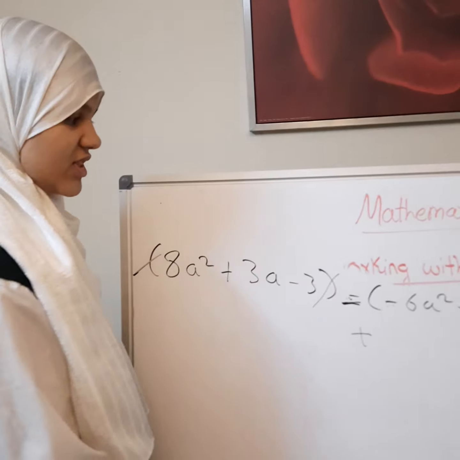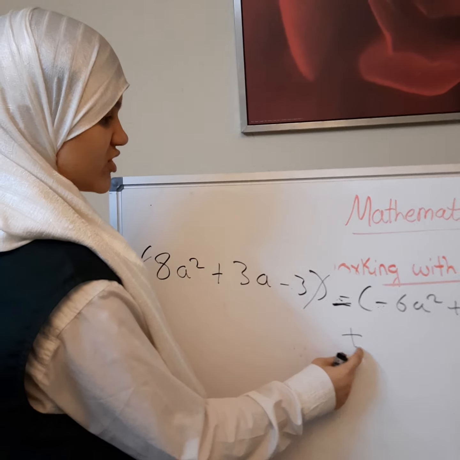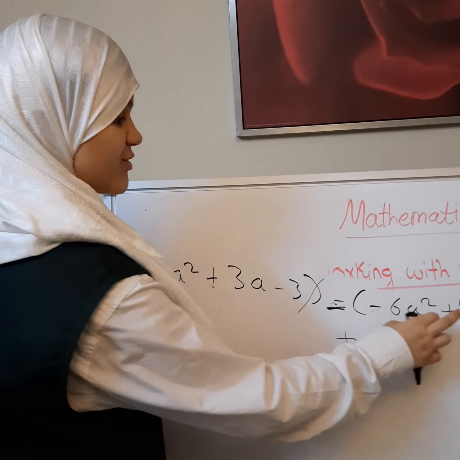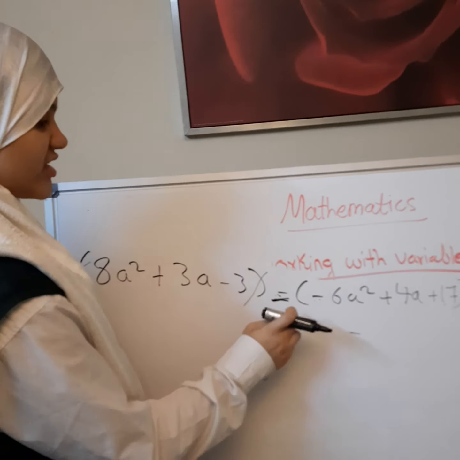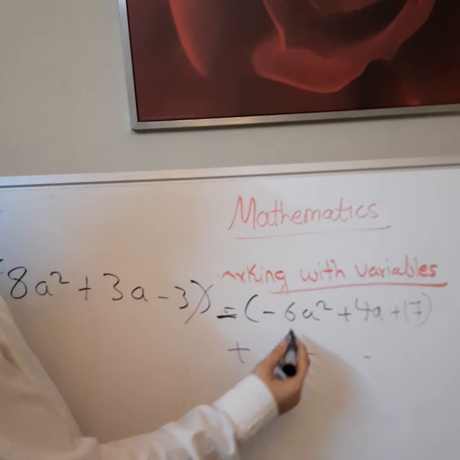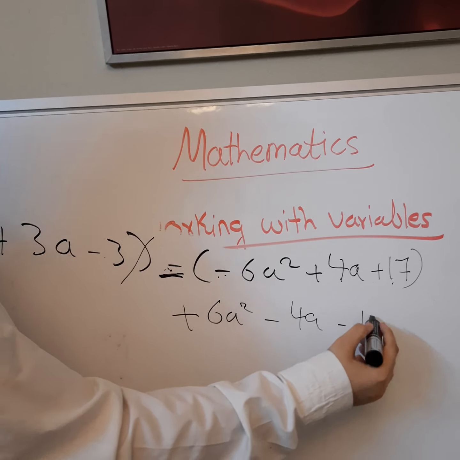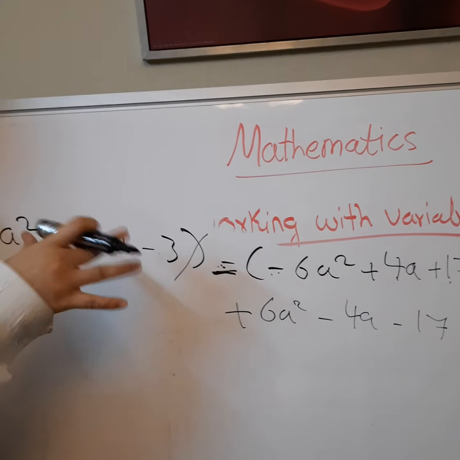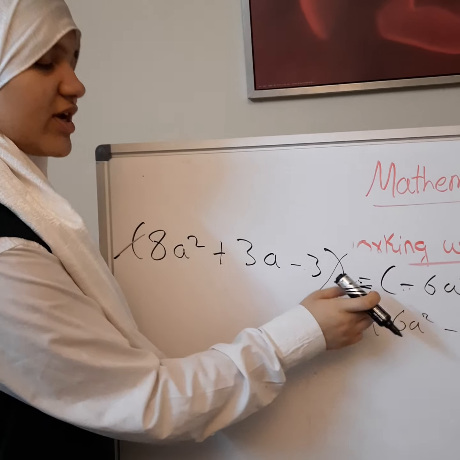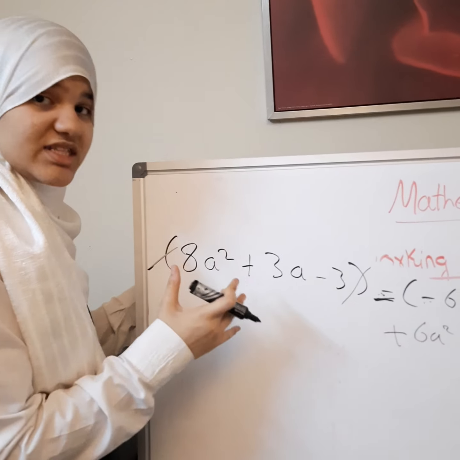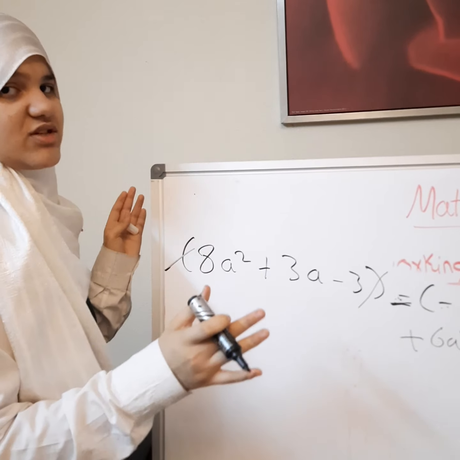Okay? Negative times negative, it will be positive. Then negative times positive, it will be negative. Negative times positive, it will be negative. Here 6a squared, here 4a, and here 17. Like to get the difference between negative when we will put negative and when we will put positive.